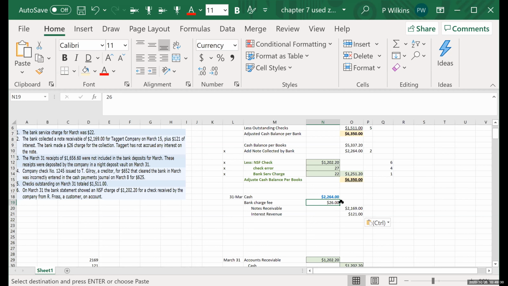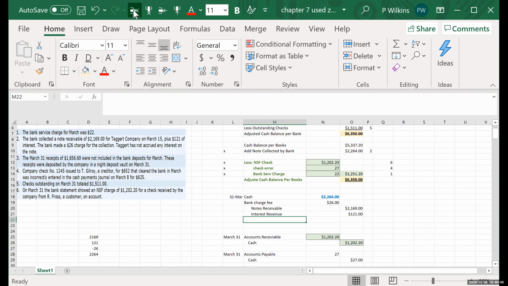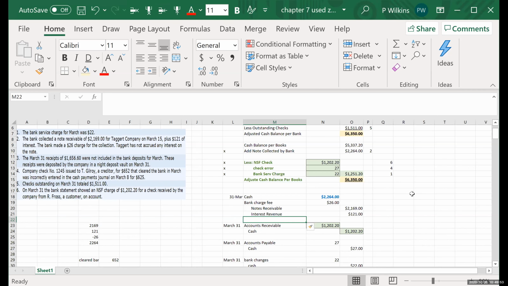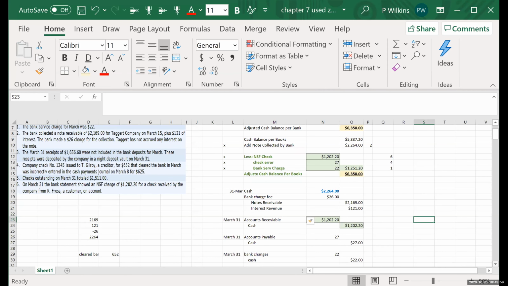So we have to debit bank service charges, $26. Then we have to clear out the note. So we're going to credit notes receivable for $21.69. And then we are going to credit interest revenue for the $121. So that one's a little bit different. If you have any that have a note in them, you're going to want to make sure you really closely look at the information around the note.